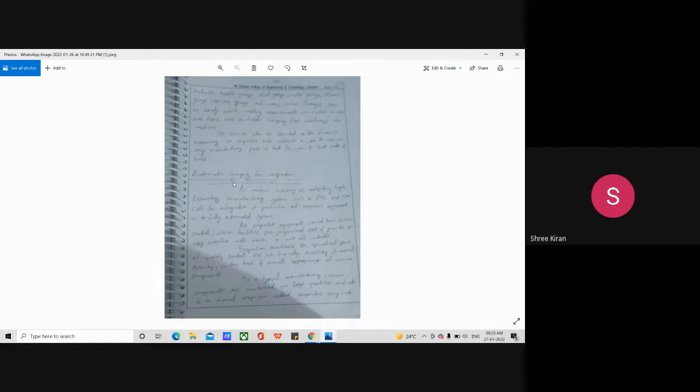Then we are basically assessing the dimensional accuracy, surface finish, and overall appearance of various components.